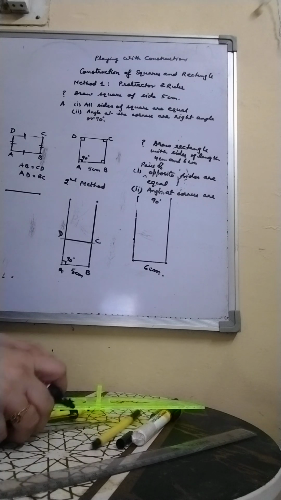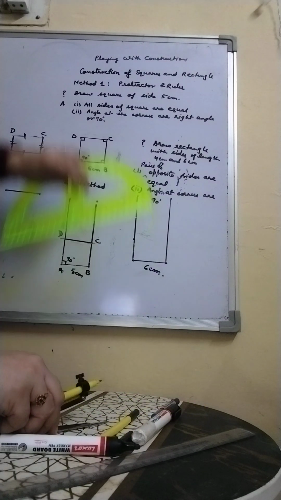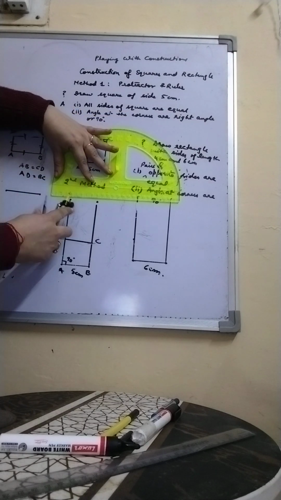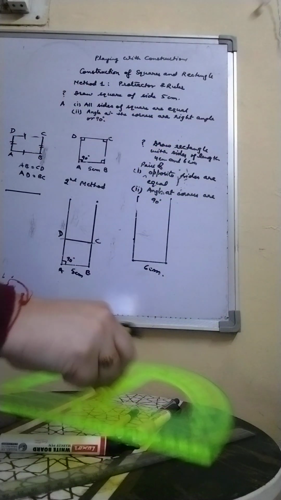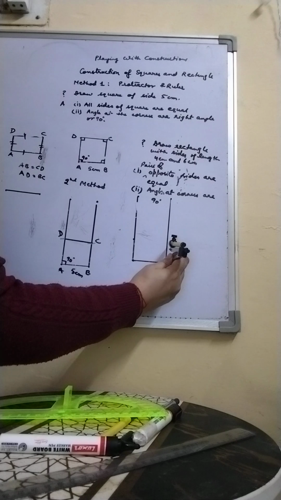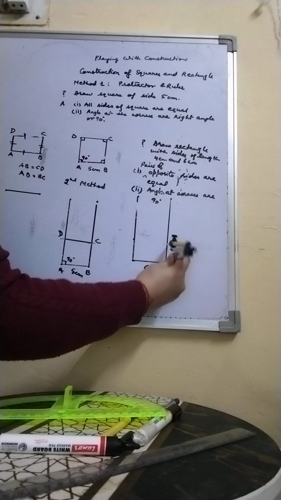Now again what we have to do is we would open the compass and go till 4 centimeter. So this is 4 centimeter. So with the compass I draw a 4 centimeter arc.